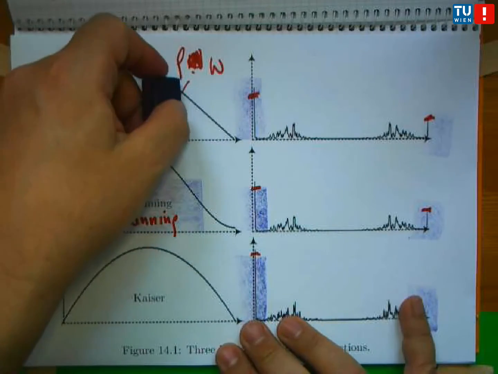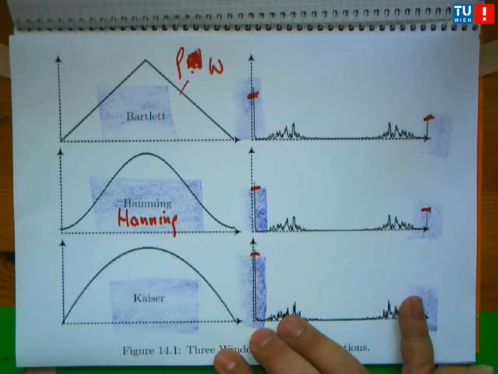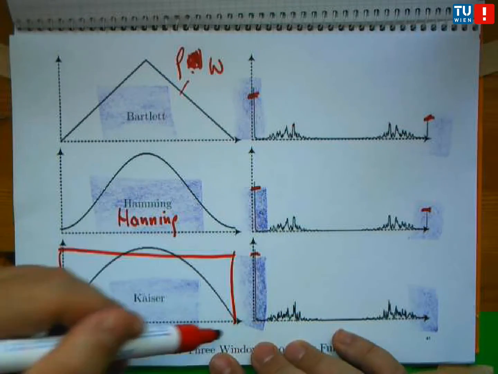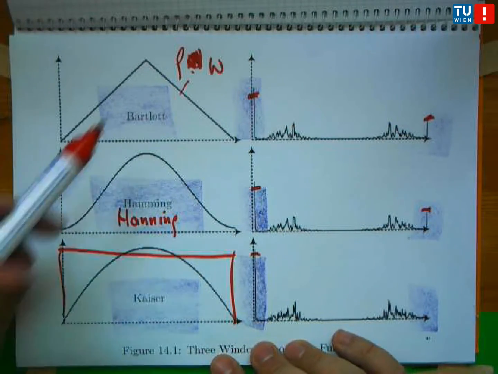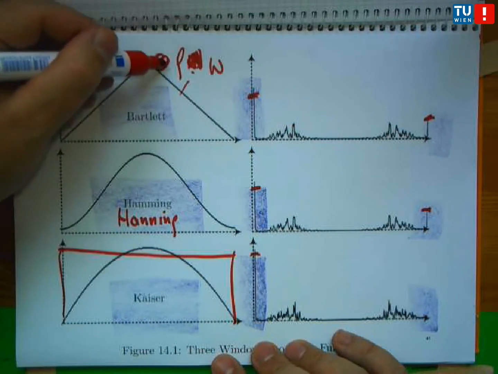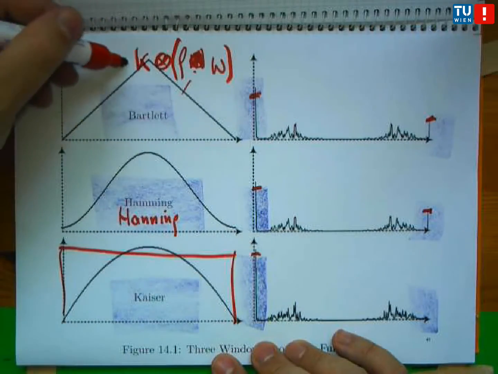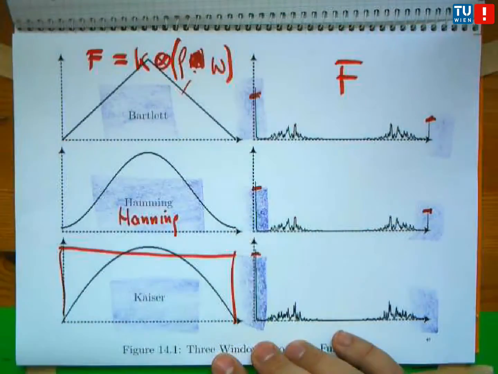This simple triangular shape is the Bartlett window, and the Kaiser window looks like a sine function, and there is also a simple square function if you don't do anything, just as I did in my example. If you do the windowing, and only then employ the kernel in order to compute the spectrum, you end up with spectra that look like this.